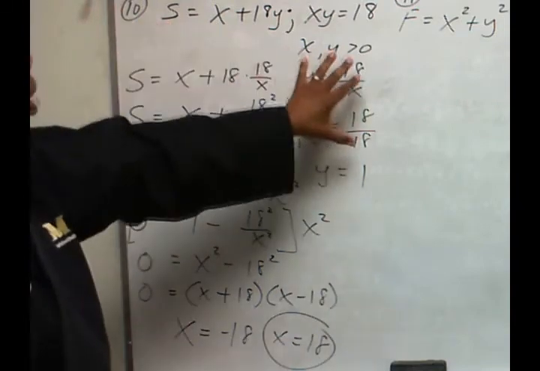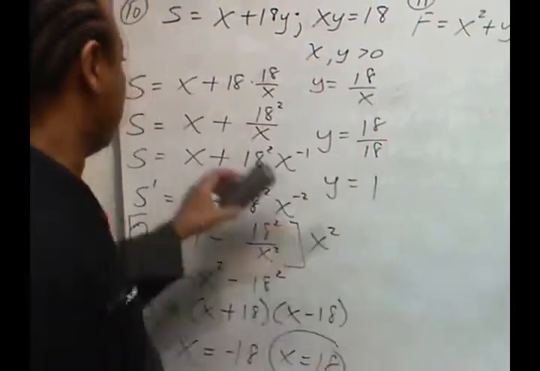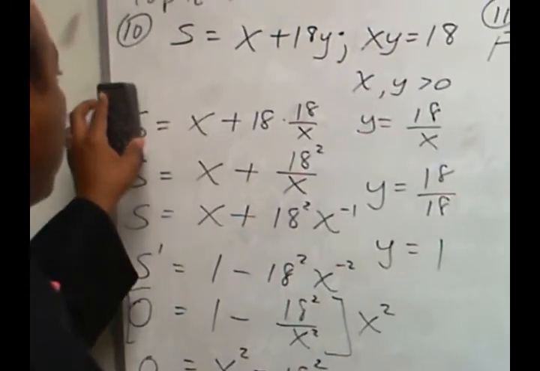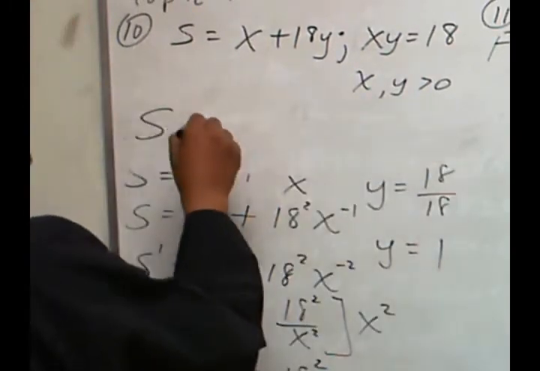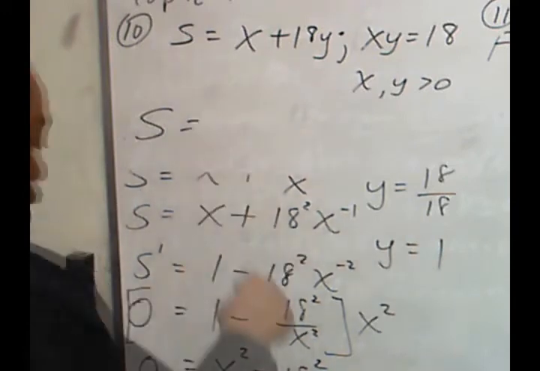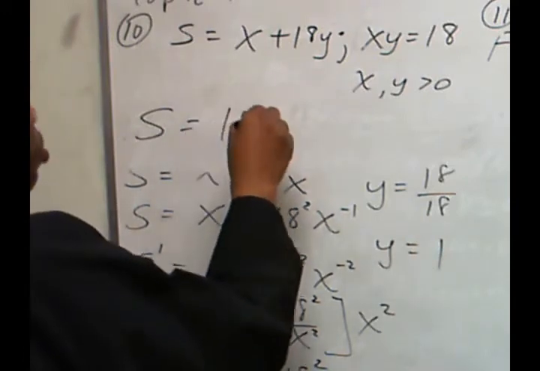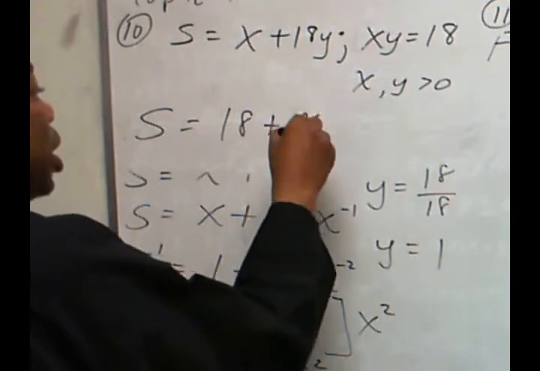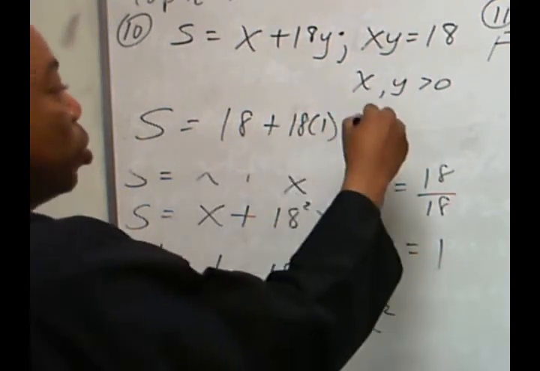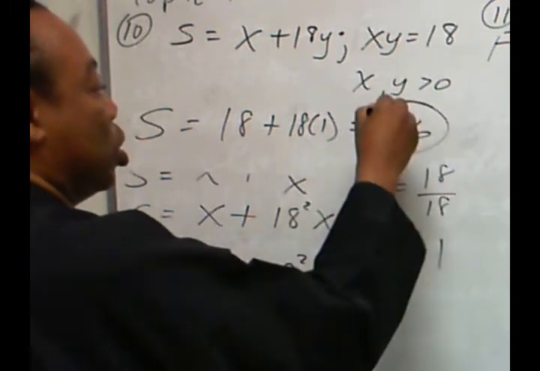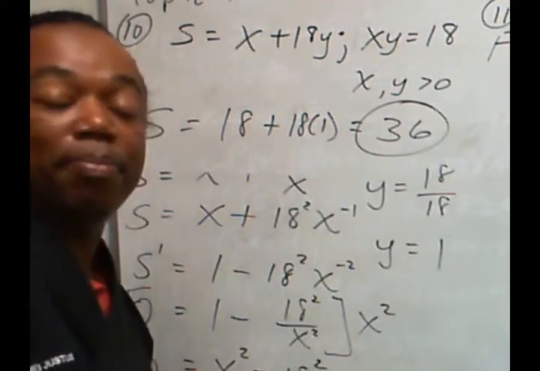Let's go back here and replace those values for s. So the minimum value for s will be x is 18 plus 18 times 1 for y, and 18 plus 18 will give me 36. So 36 is the minimum value.